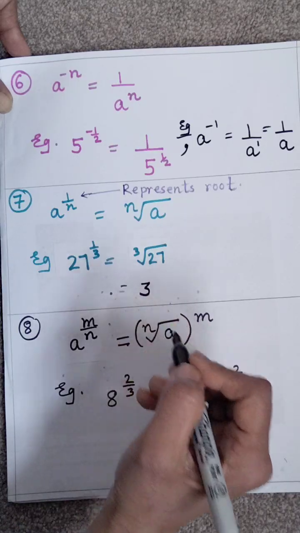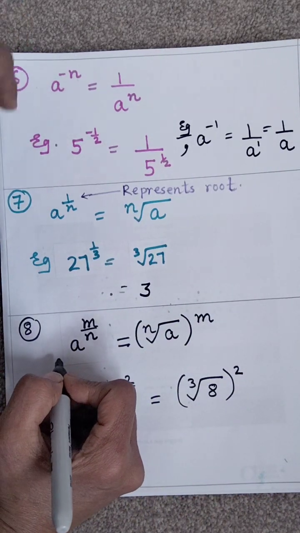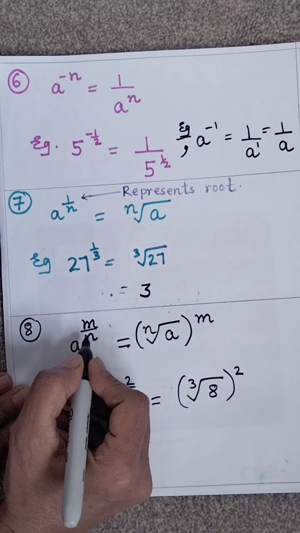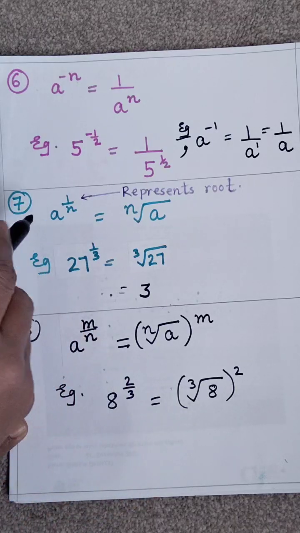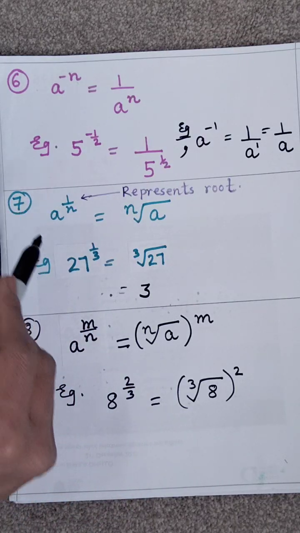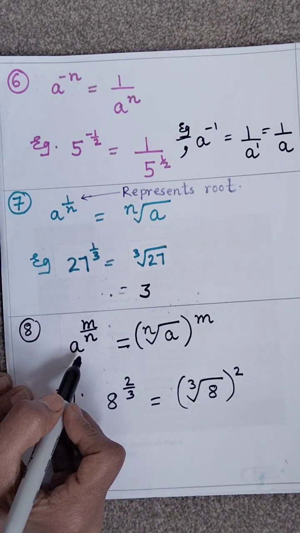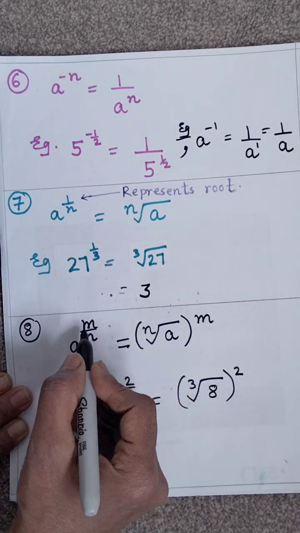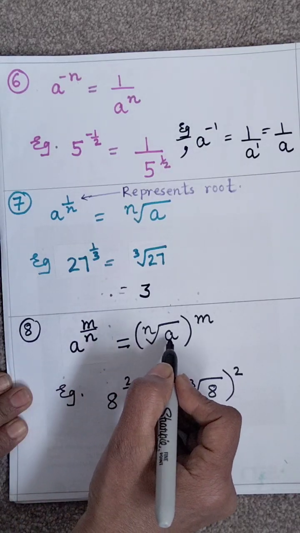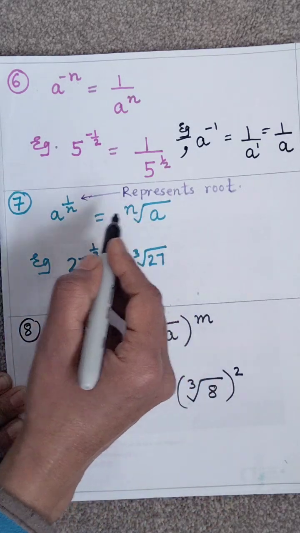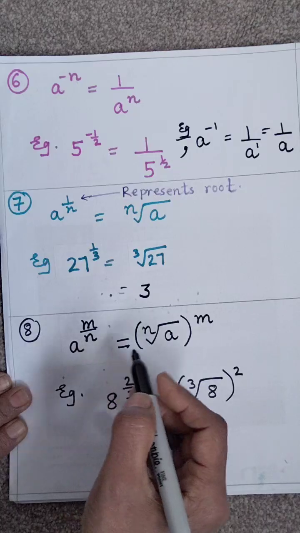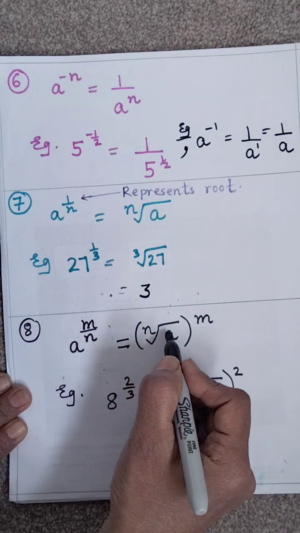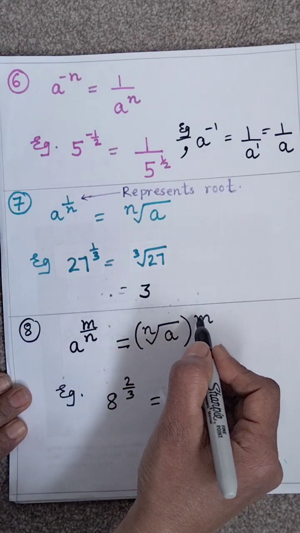Another law, a raised to m over n. This time it is m over n, whereas before it was 1 over n. The n is the nth root of a. So a raised to m over n is equal to the nth root of a raised to m.